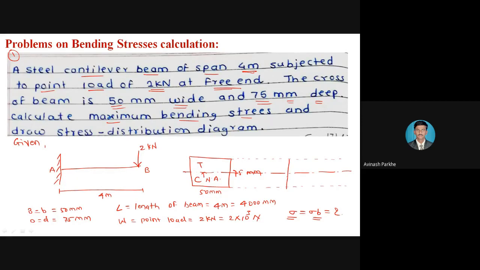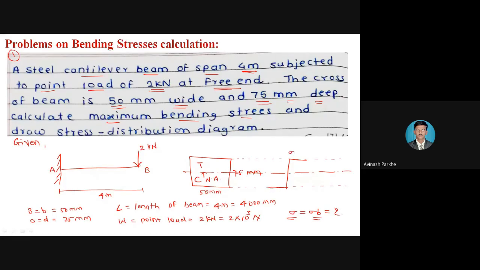Above the neutral axis, the tension is there, and the tensile stress is always represented at the right side of the vertical line. Please keep in mind, the tensile bending stress will be developed at the right side of this vertical line, and the compressive stress will be developed at the left side of this vertical line.